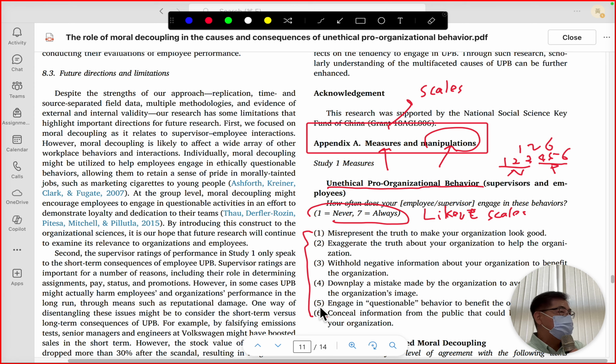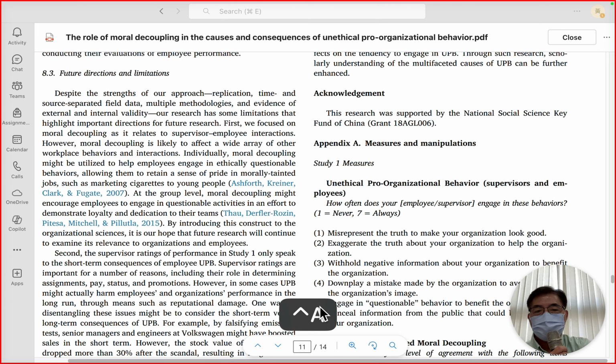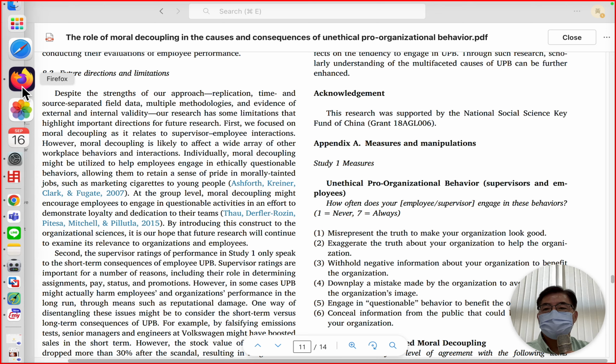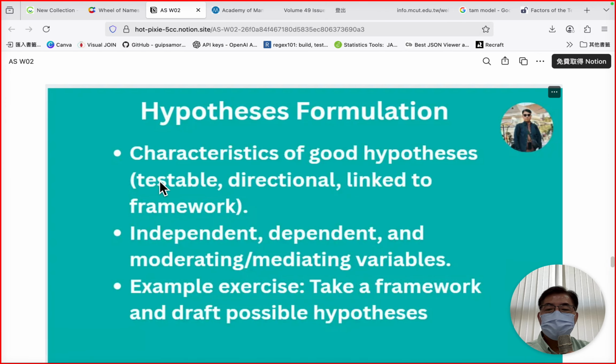We just use the literature, where they already have reliability and validity tests, so we can adapt directly. So that's called testable. We can collect data and then use statistical techniques to test the hypothesis.